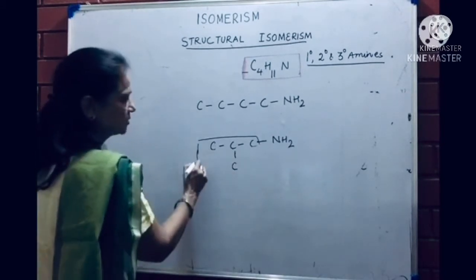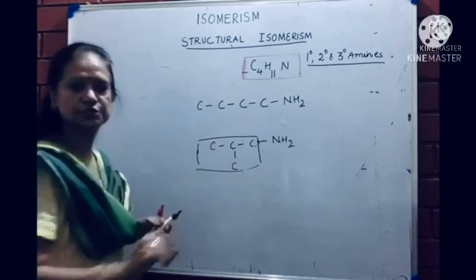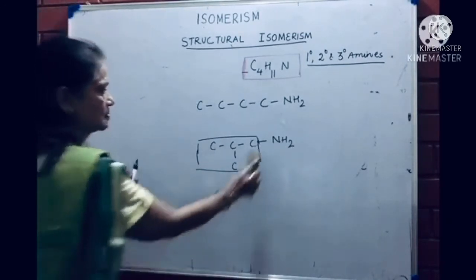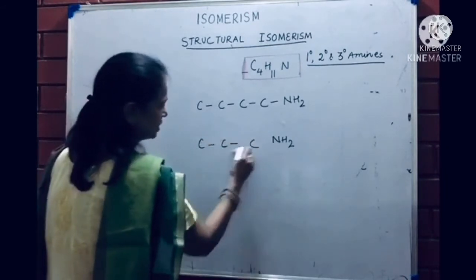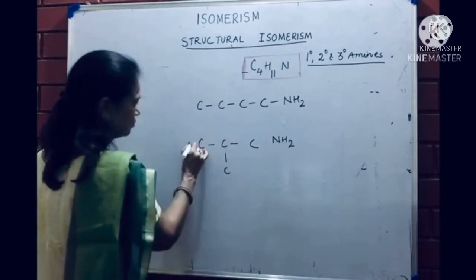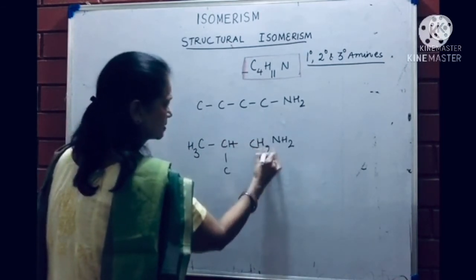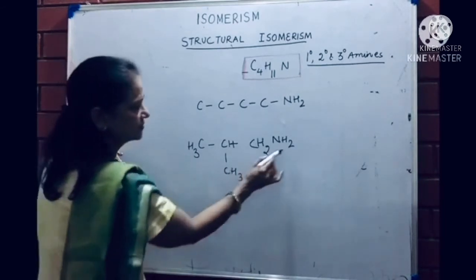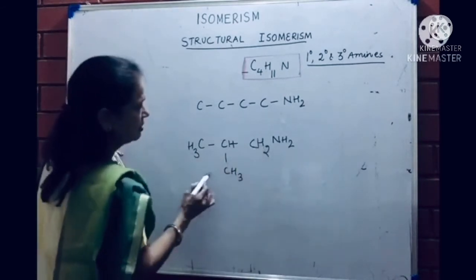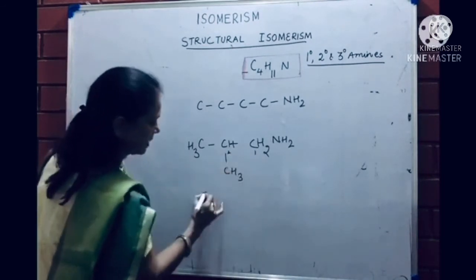So when you make the chain here, and I put hydrogens here, it is 1, 2, 3 carbon atoms in a chain. So you will name it as propanamine. But on propanamine, at place 2 is a methyl group.